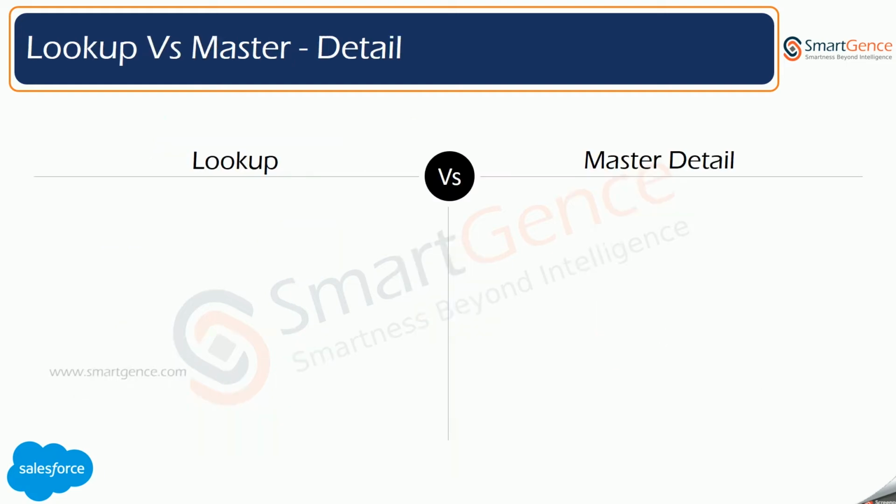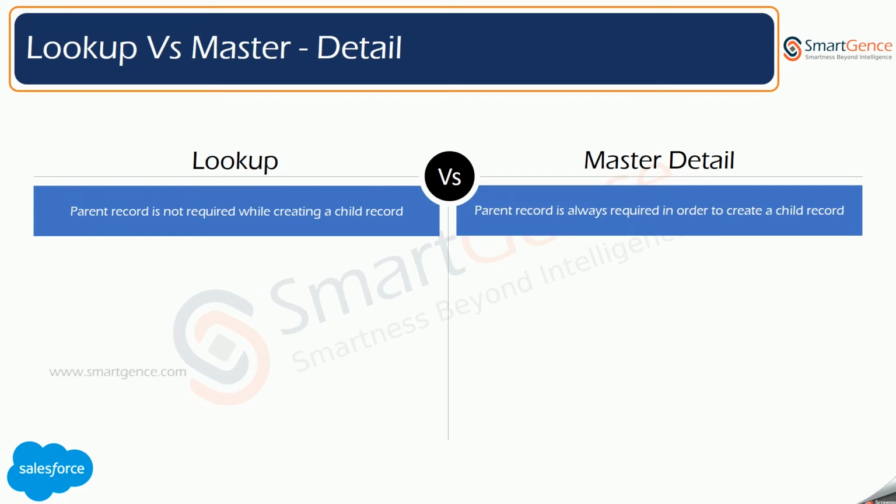So firstly, lookup as a master relationship, right? We have said that there is a slight difference between the lookup and master, so we will see what. In a lookup relationship, the parent record is not mandatory. For example, if there is a lookup relationship between account and contact, with account being the parent, while creating a contact it is not mandatory to have an account linked to it.